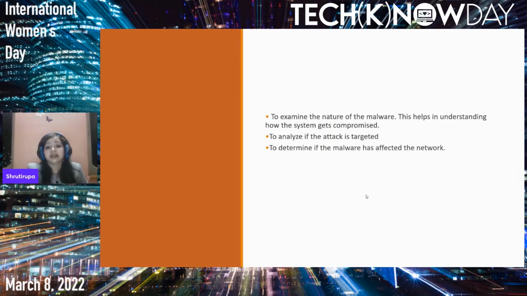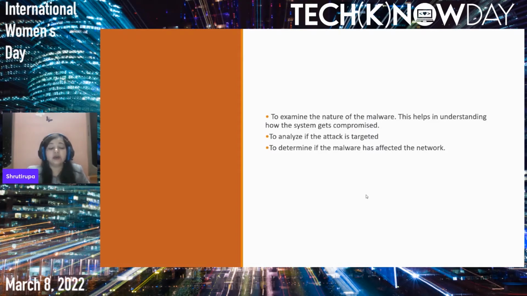The next thing is to understand if the attack has actually affected the network. Now, sometimes the malware does not infect the entire network, but a lot of times the malware is intended to affect the entire network.